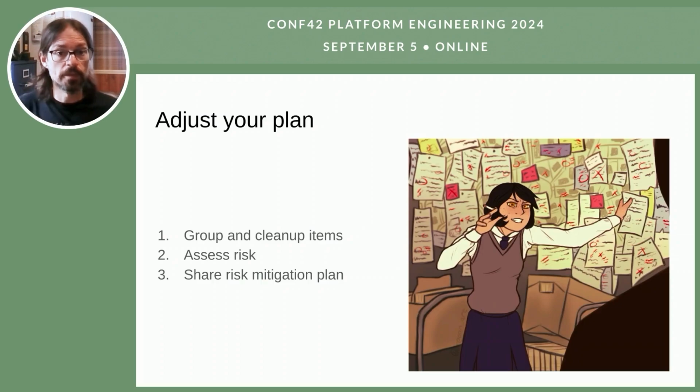Some risks you may ignore, some risks may be really far-fetched, so you have to use your own judgment, talk with people, see how likely risks are, because that's always the trade-off. If you prevent all the possible risks, it will take forever to build that. So you have to be strategic about it and only address the most likely risks that you've listed.